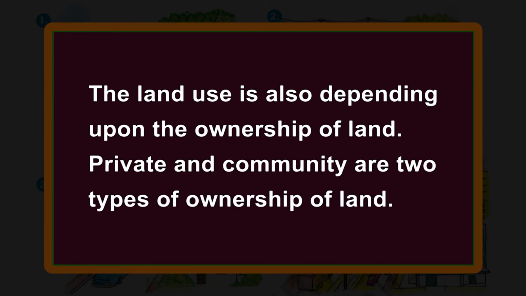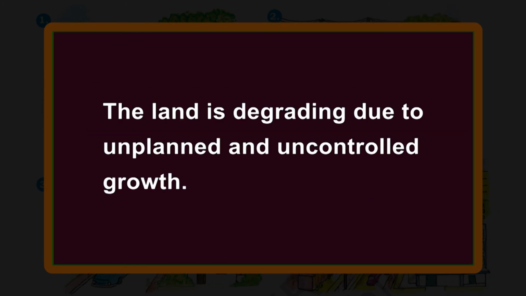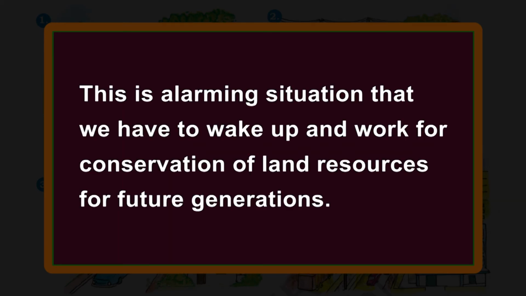The land use also depends upon the ownership of land, that is, private and community are the two types of ownership of land. Students, thus land is degrading due to unplanned and uncontrolled growth, and this is the alarming situation that we have to wake up and work for conservation of land resources for future generations.